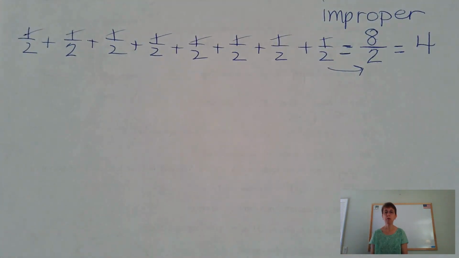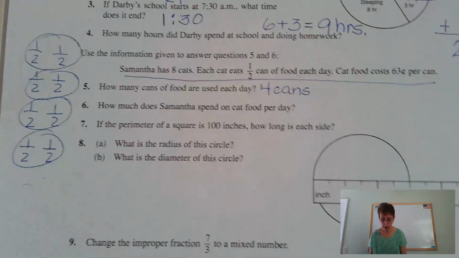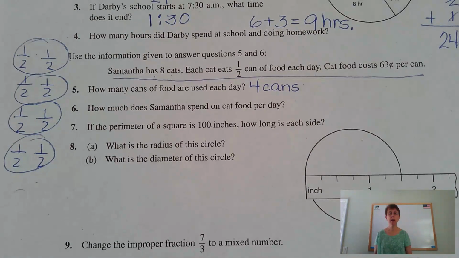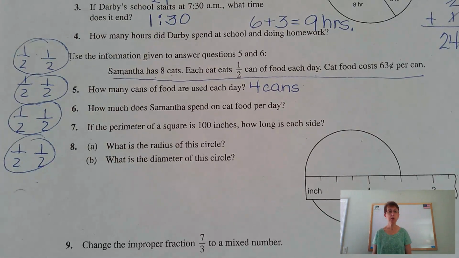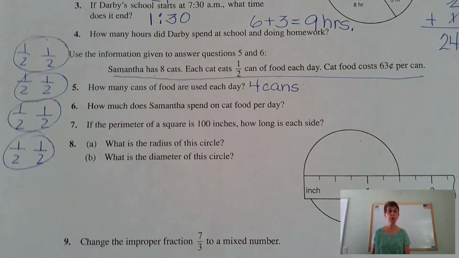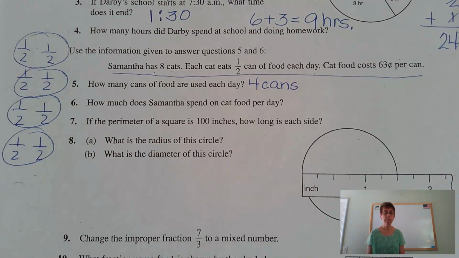And there you go, your 4 cans. Okay, so again, there's always more than one way to figure out your answer. Here is an example of 2 different ways you may have gone about to figure out that Samantha needs 4 cans of cat food each day.